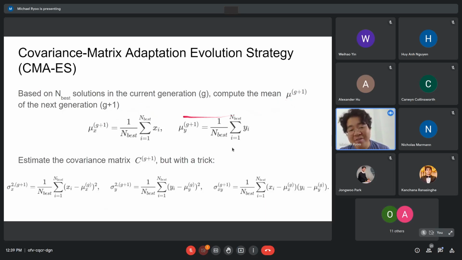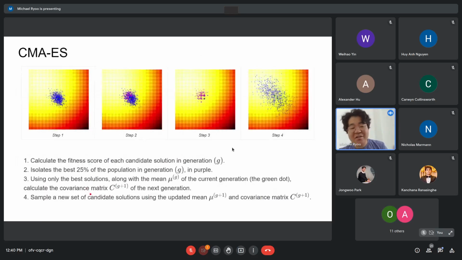We don't have the variance to sample, so we don't have the samples. So in order to approximate the variance of the future generation, we are relying on the n best individuals. And since these n best individuals are actually sampled from the previous distribution, we are computing the covariance taking advantage of this previous mean, which is a trick.